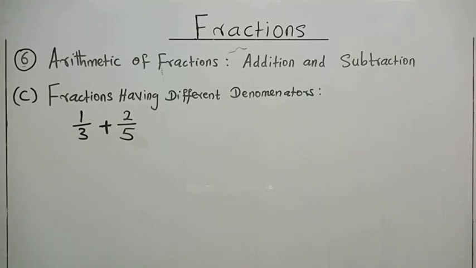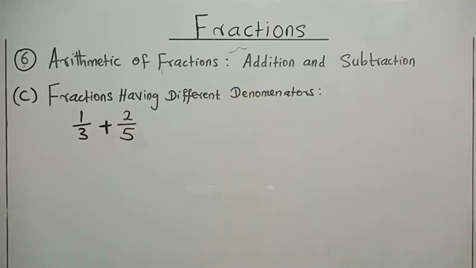Fundamentally, it is quite challenging to just come and add 1 over 3 to 2 over 5 and get the accurate answer. One portion was picked out of 3 portions of orange.